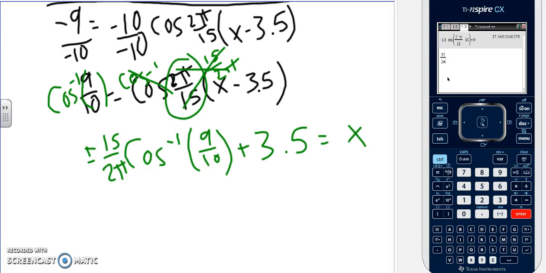Make sure you go over. So I have cosine inverse 9/10, and then outside the parenthesis plus 3.5. Okay, so I have 4.577, and then I'm going to do the same thing. I'm going to kind of cheat.